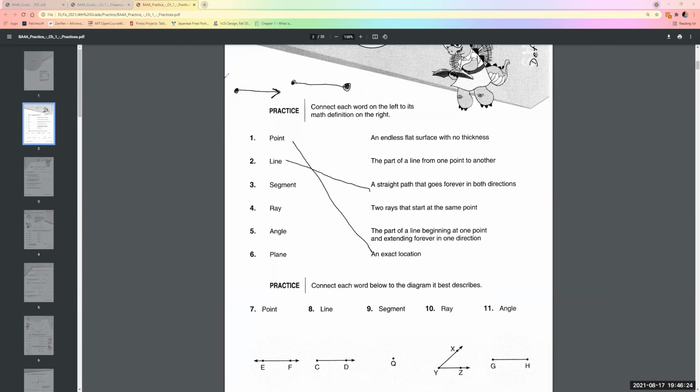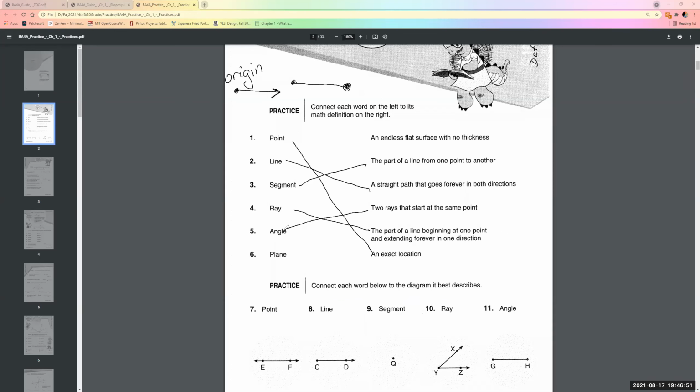And then I guess just to recap, this is the origin. And then a segment was part of a line from one. And the last two, do you know? An angle is two rays that start at the same point.